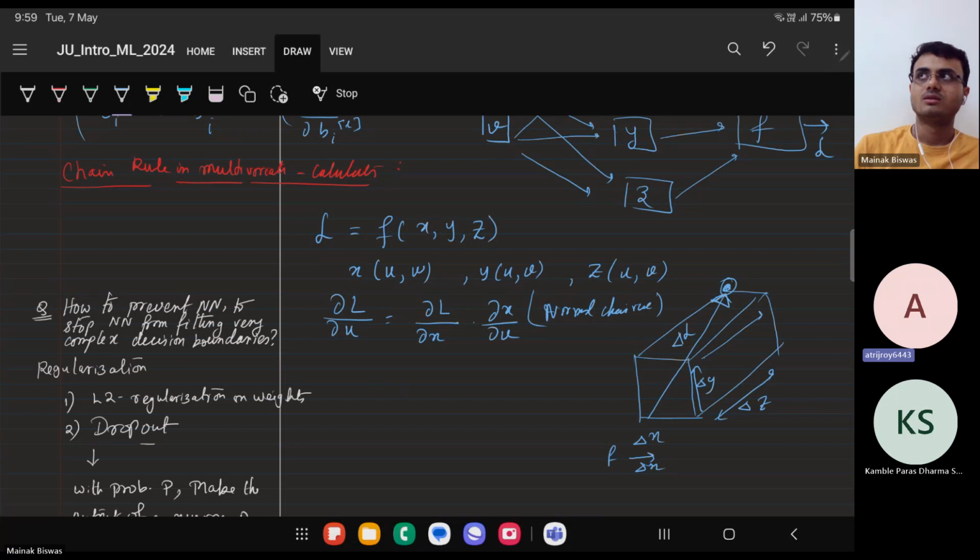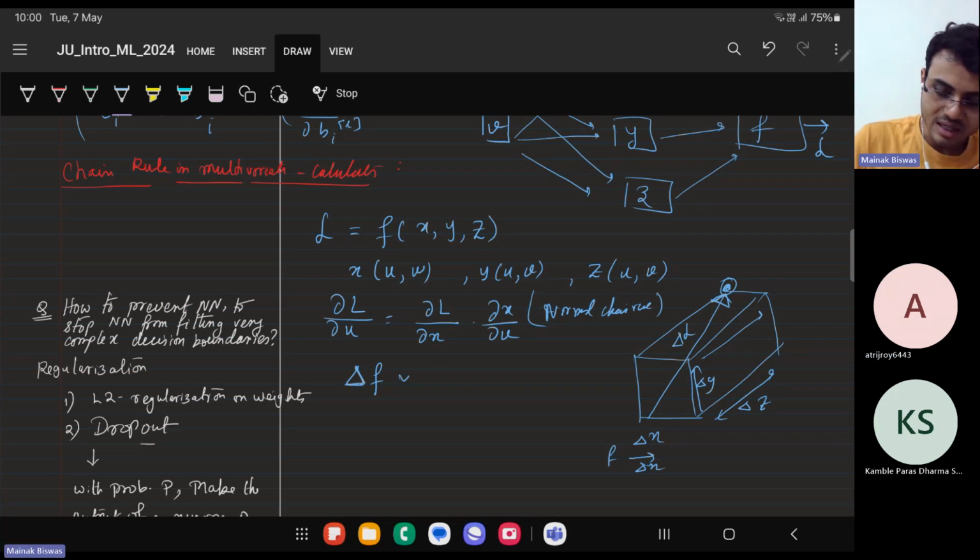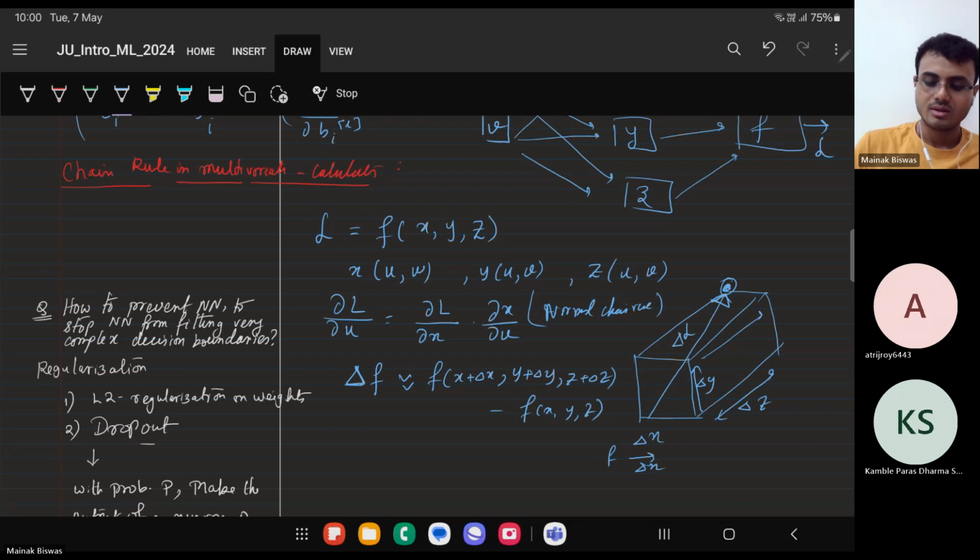Right? Yes. So your delta of f, which is approximately equal to f of x plus delta x, comma, y plus delta y, and z plus delta z, minus f of x, y, z, which is nothing but the x vector plus the delta x vector, right?